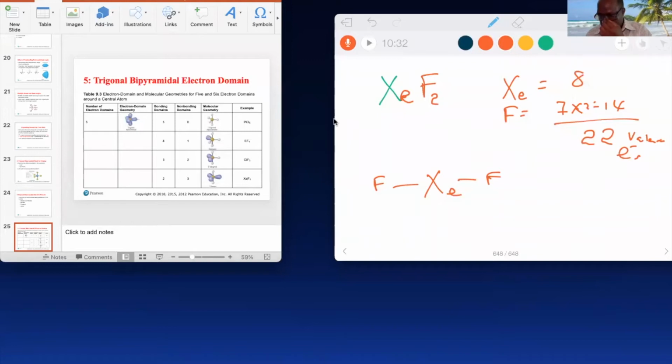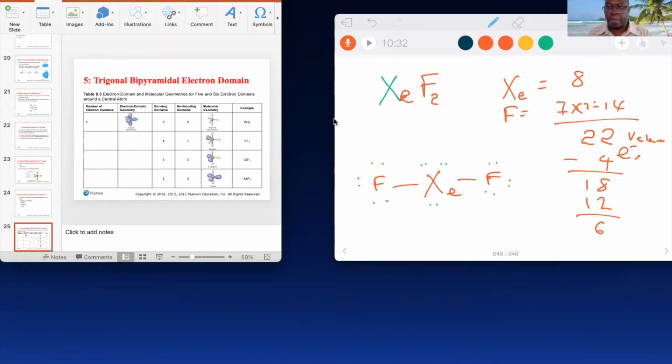We want to satisfy the octet rule, so I'm just going to subtract 4 here, remain 18. I've used two on each side. Each fluorine needs 6 more. I've used 12 here. Remain 6. Remember, we pair electrons, so I'm just going to place them here to make 6.